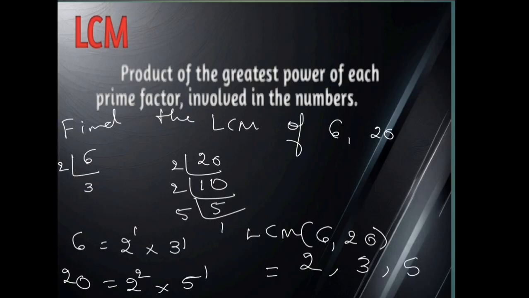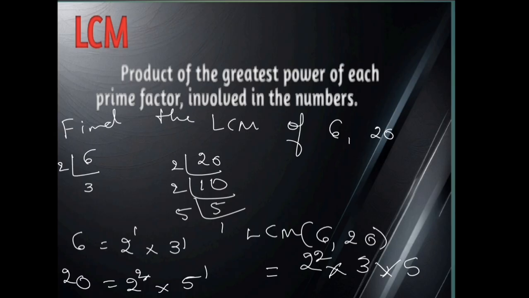Greatest power of each prime factor means that for each prime factor we have to write the greatest power. Here I am writing 2, 3, and 5, and comparing these two numbers the greatest power of 2 is 2. So we are writing 2 power 2.